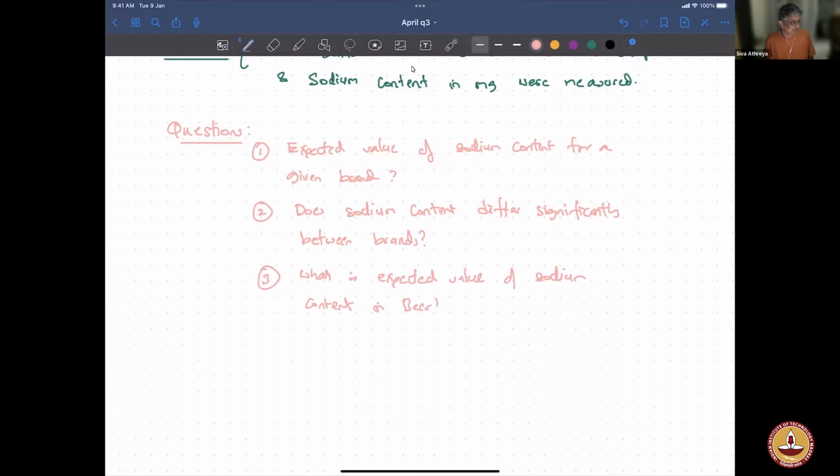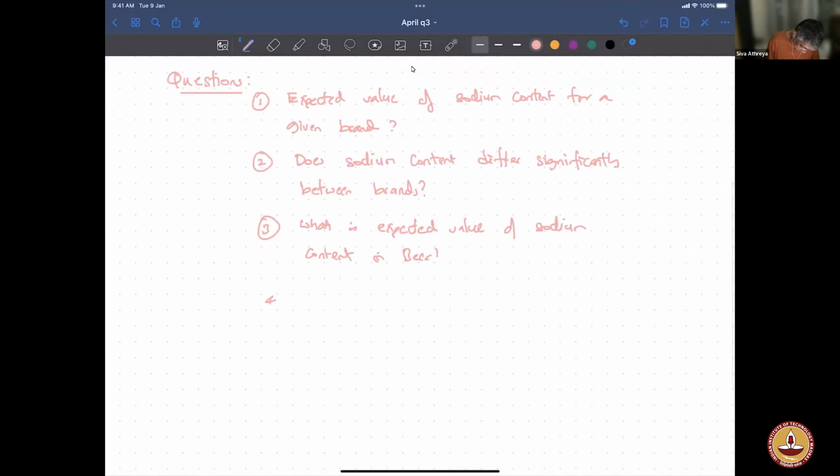And the next thing is: what's the variability of sodium content across brands?